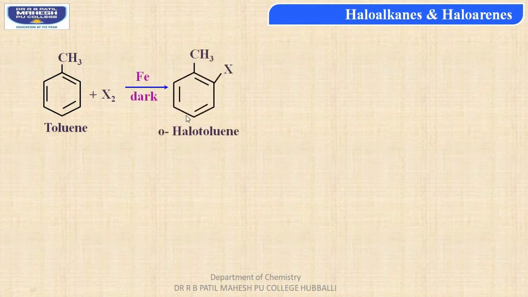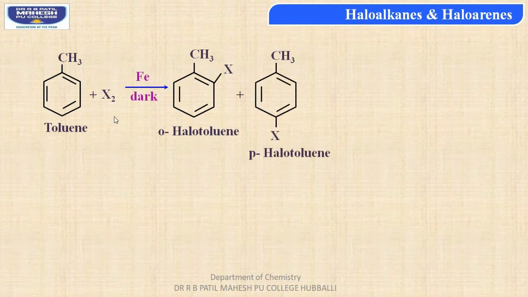The first molecule, students, is ortho substituted. At the ortho position halogen is there. It is called ortho halo toluene molecule. Whereas the second product we get is at the para position, that is para halo toluene.